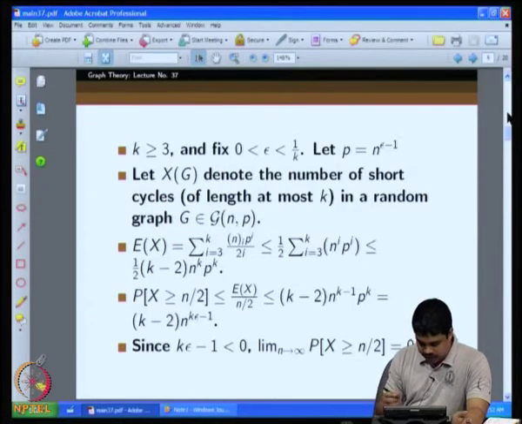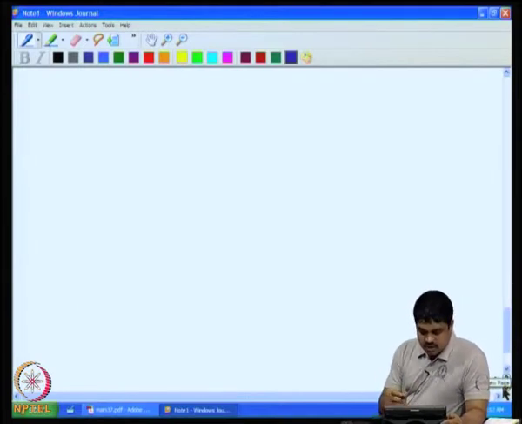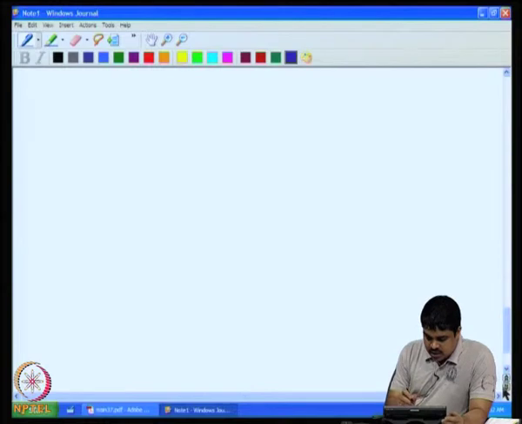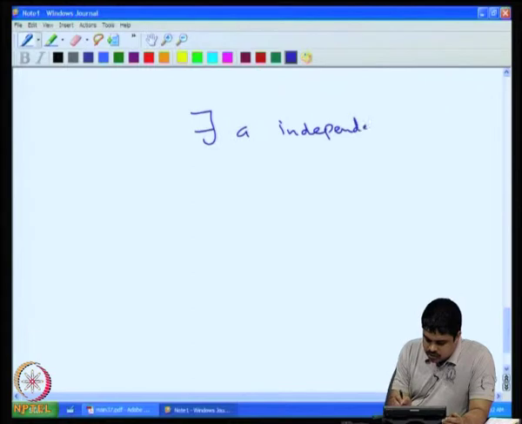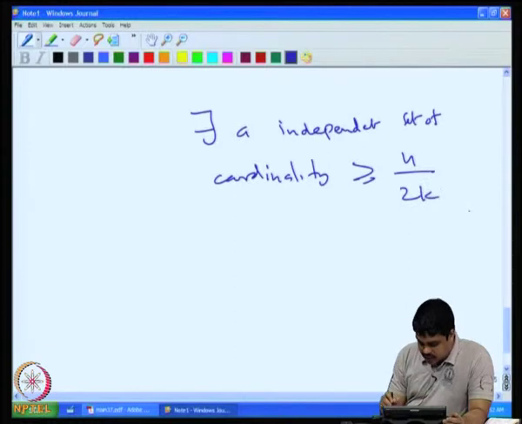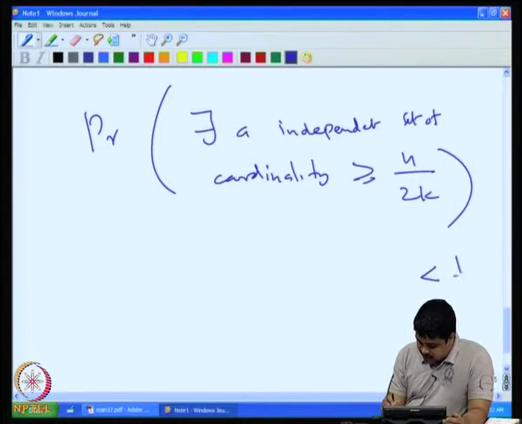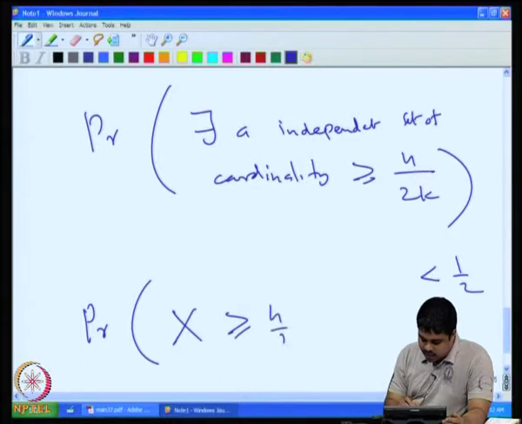So, without difficulty, we see that for sufficiently large n, the probability that there exists an independent set of cardinality greater than or equal to n by 2k can be made less than half, and also the probability that x is greater than or equal to n by 2 can be made less than half.